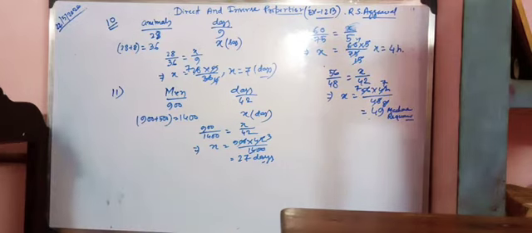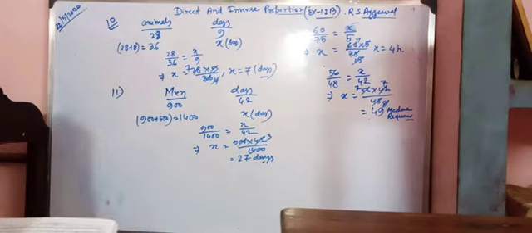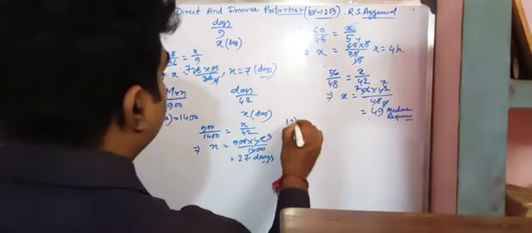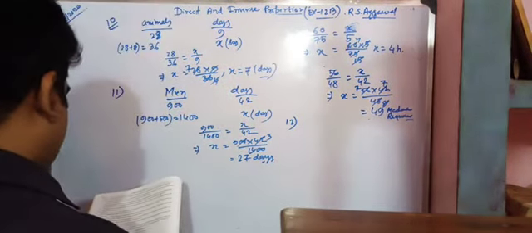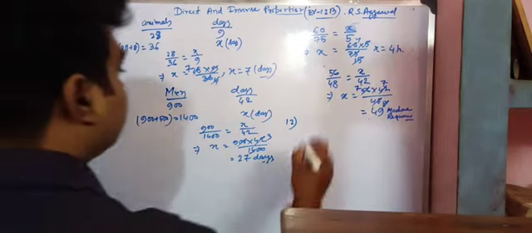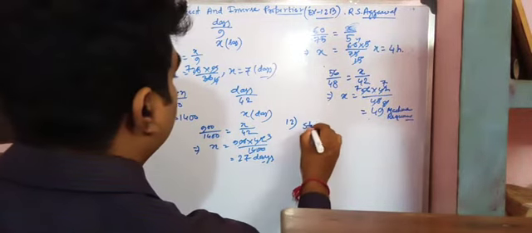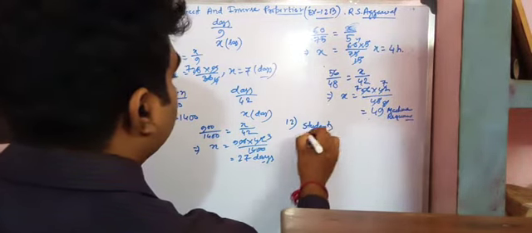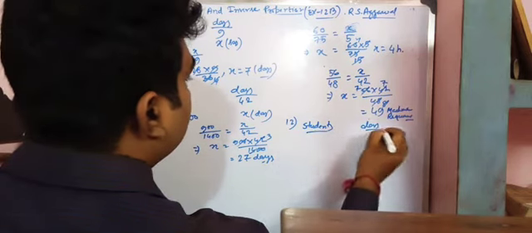Next, question number 12. In a hostel, 75 students had provision for 24 days. If 15 students have left the hostel. Students and days.